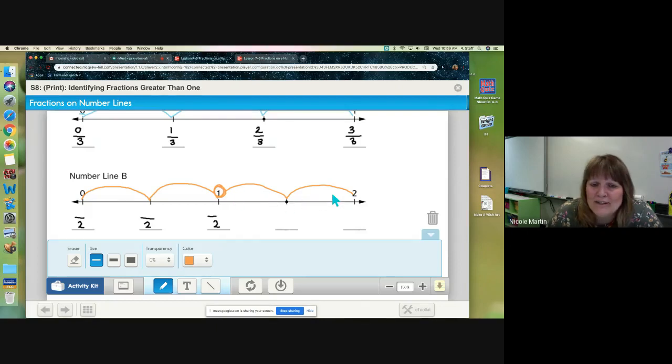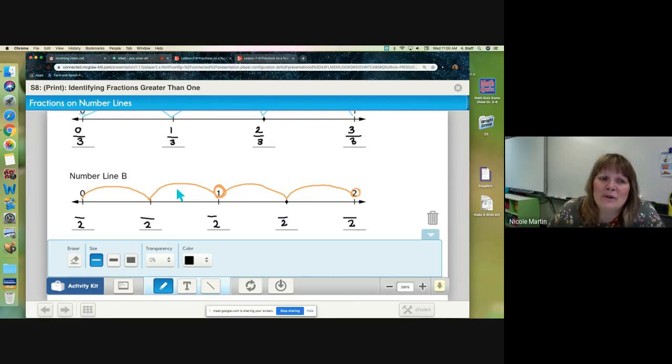There's 1 part and 2 parts. So from one whole to the next whole, we still have 2 equal parts. That means our denominator, Ella, continues to be, yeah, 2. Good job. I miss your smile, Ella. There it is. Our denominator continues to be 2.